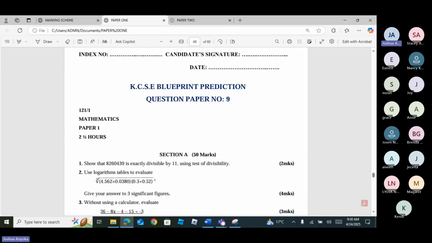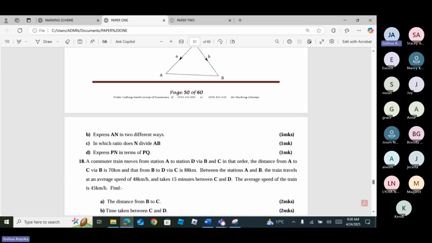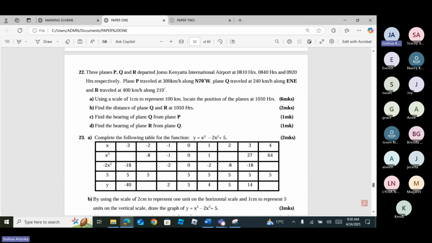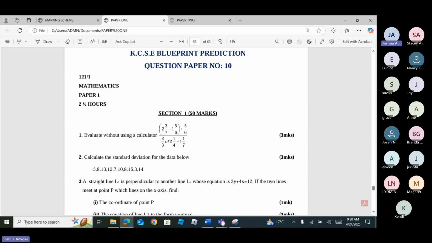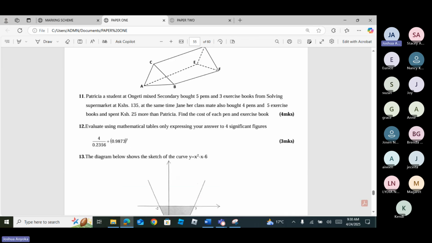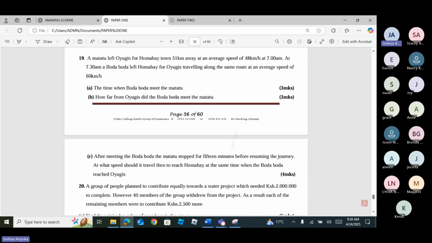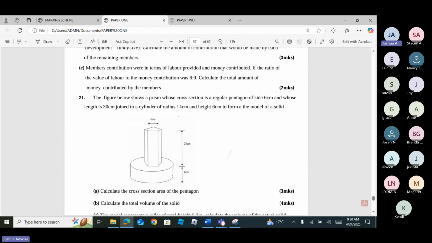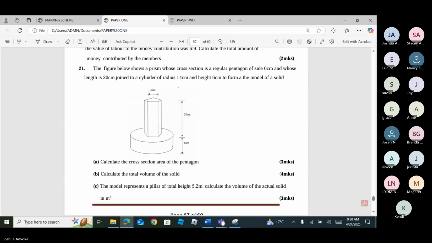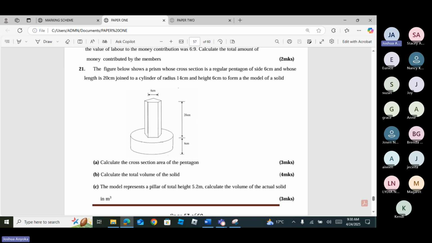Hope we get one. Something like this. Yes, I want you to try this one. Combined solid.